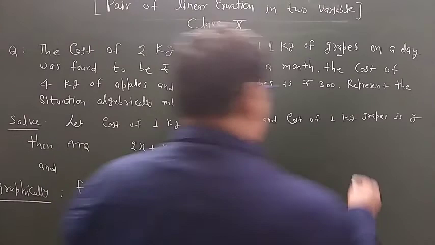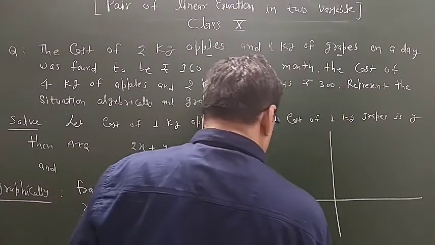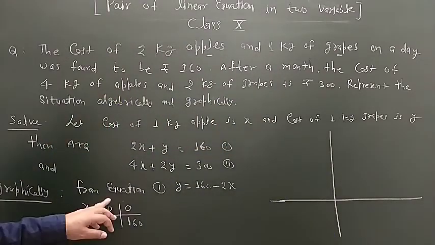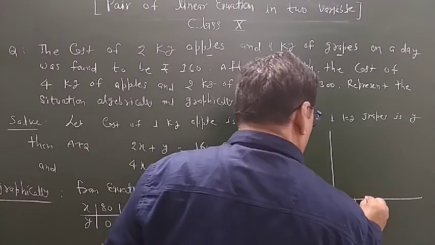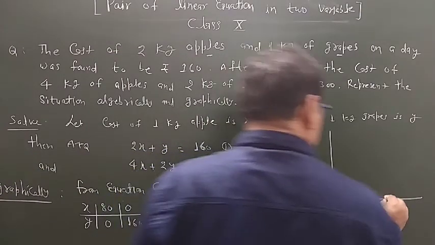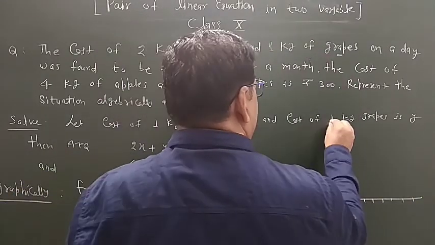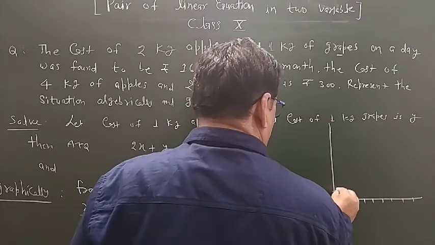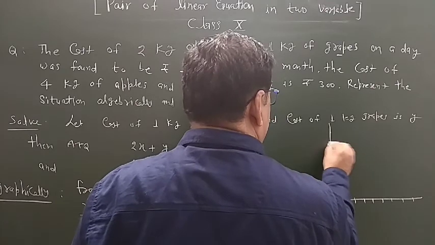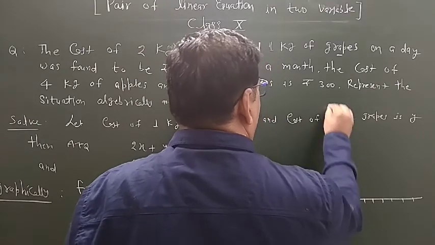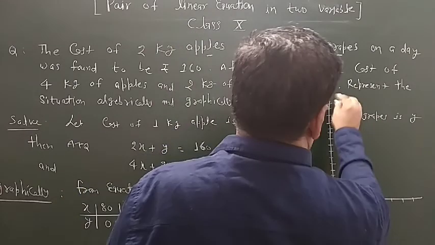So now plot this on the graph. We have 2 points. The first is (80, 0). Now take 1, 2, 3, 4, 5, 6, 7, 8, and similarly 1, 2, 3, up to 16.